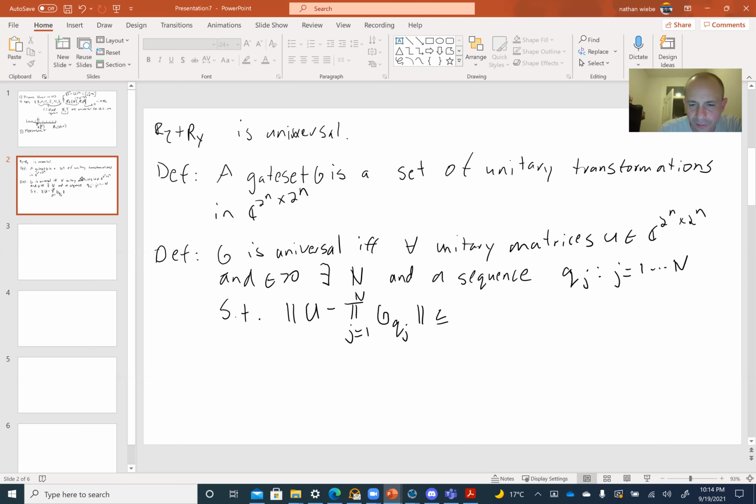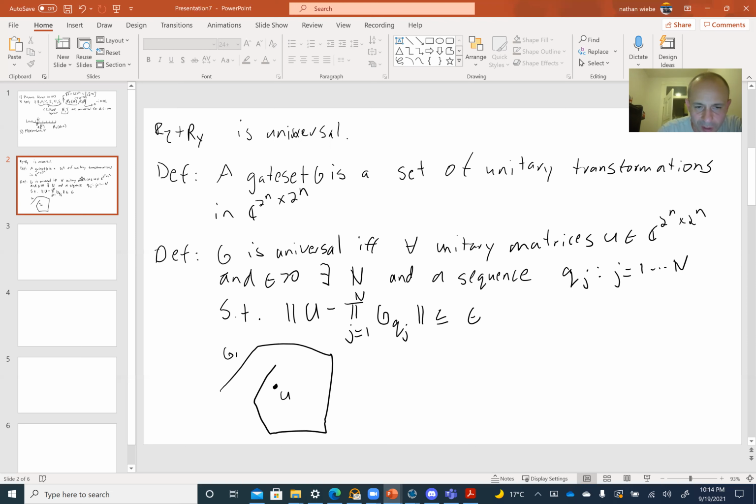So visually, what this is saying is that if we've got a unitary transformation over here that we would like to carry out, then there exists a discrete set of gate operations. Let's imagine these are our gate operations.